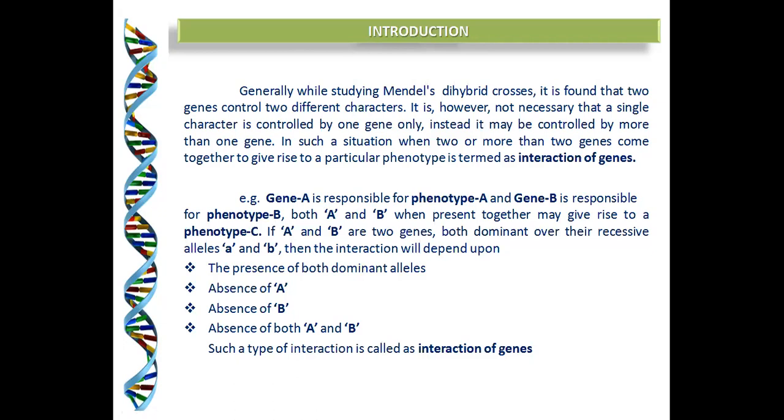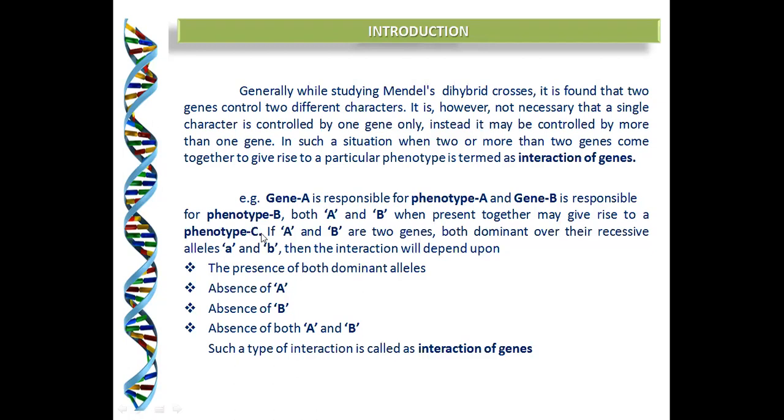But when A and B come together, they give rise to a third character, that is C. Neither the A character is seen nor the B character is seen. We observe the third character, that is phenotype C. So these two genes, when they are dominant over their alleles, interact with each other and give one specific, new character.